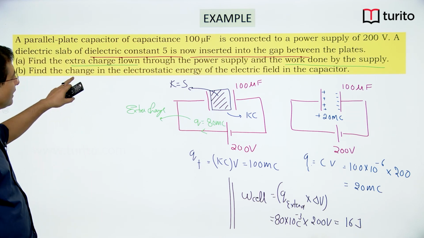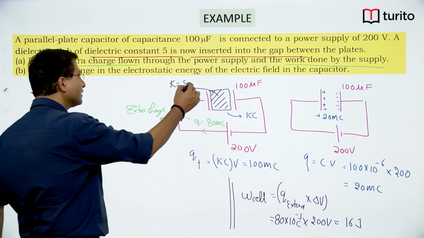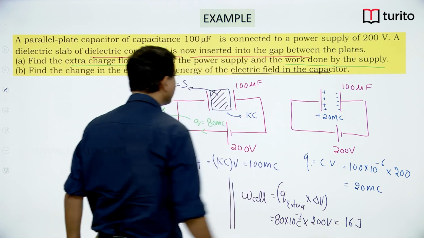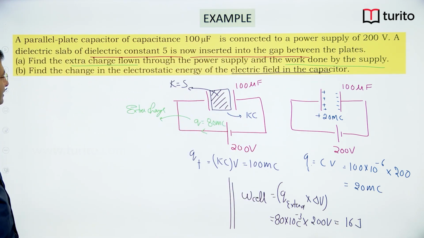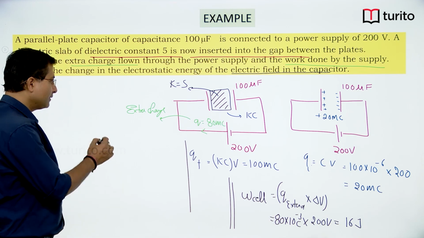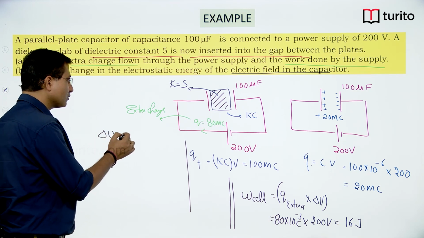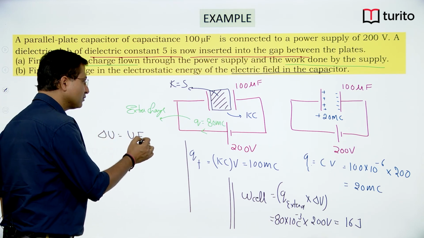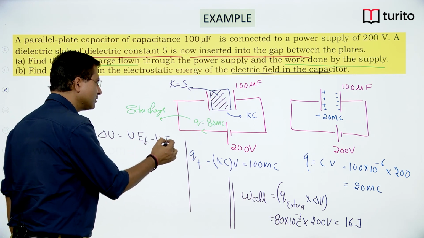Now out of that, how much energy is stored in the form of field? Find the change in the electrostatic energy. How to calculate change? Final minus initial. So you need to write the energy stored final minus the energy stored initial.